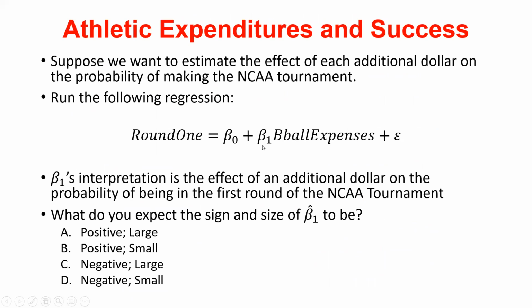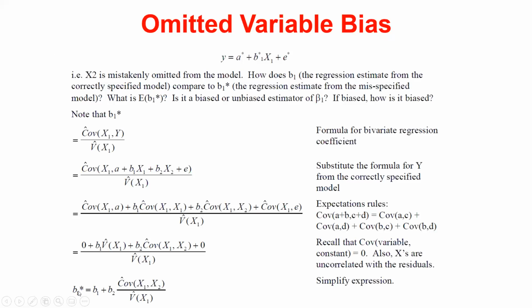And so we might get an estimate for beta 1 that's very biased, right? This estimate, B hat, is going to capture the true effect, but also this additional component, because we're leaving out other variables, here I'm calling this X2, that we didn't include in our regression that are correlated with both Y and X1, the variable we included.